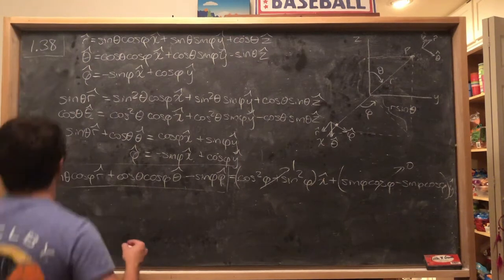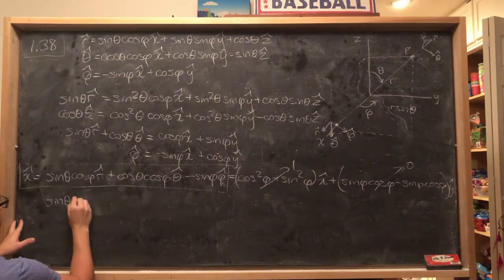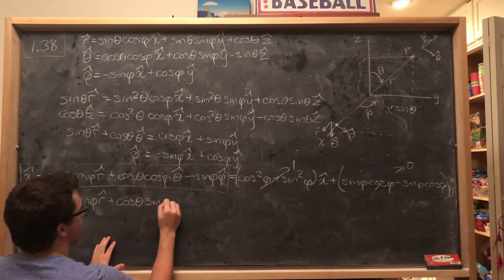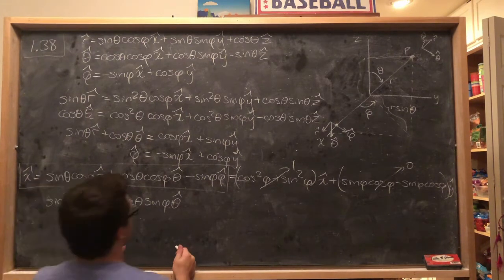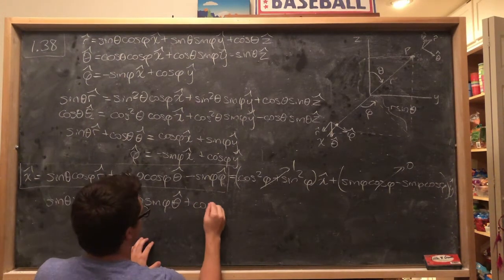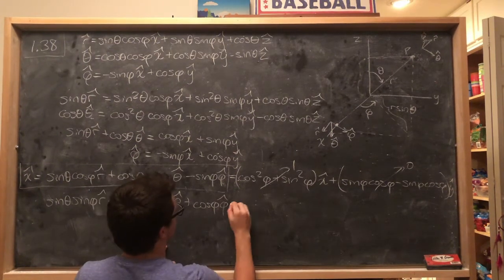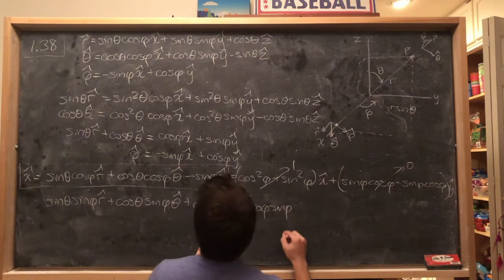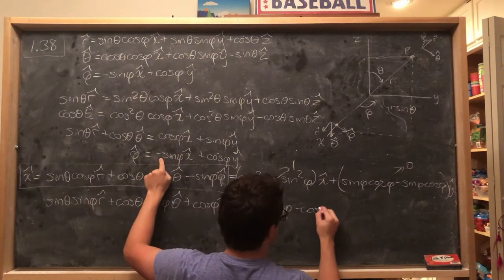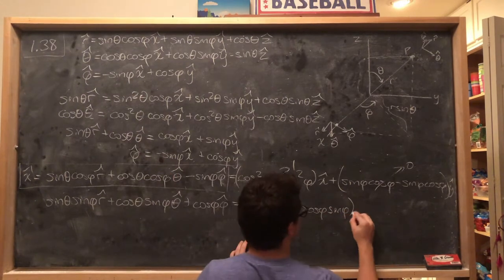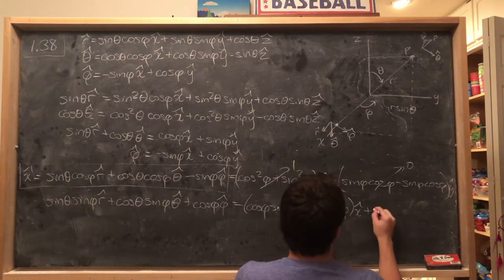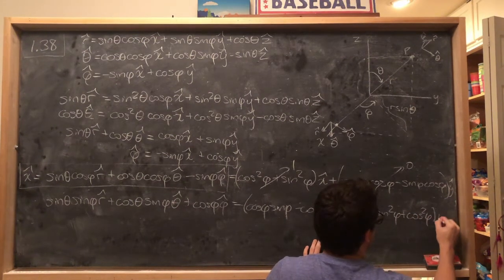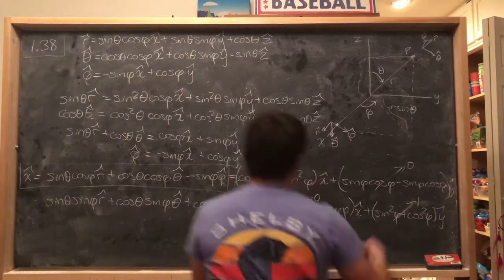So we would multiply this top one by sine phi, so sine theta sine phi r hat plus cosine theta sine phi theta hat, and add cosine phi times phi hat, and that will give us cosine phi sine phi minus cosine phi sine phi x hat plus sine squared phi plus cosine squared phi y hat. That goes to 0, that goes to 1. This is just y hat.